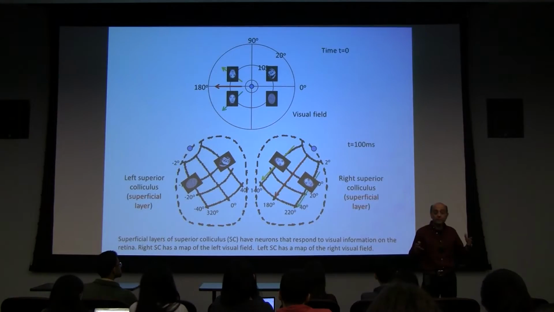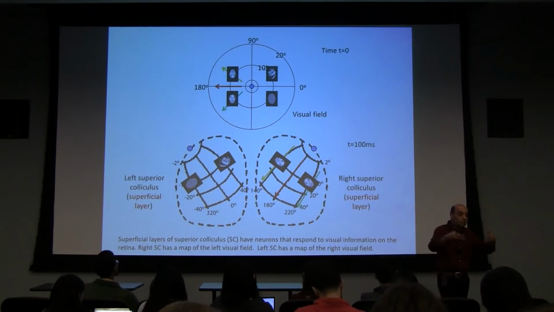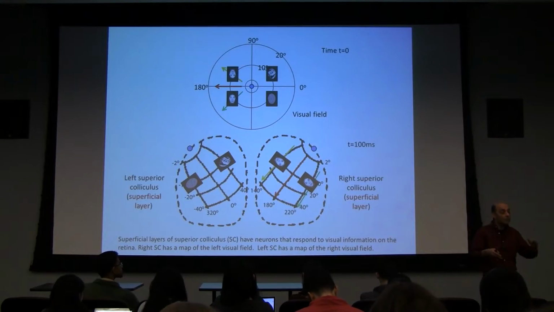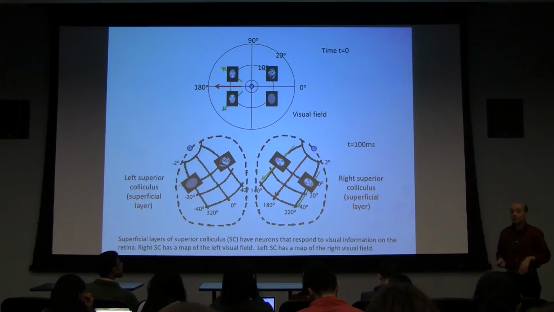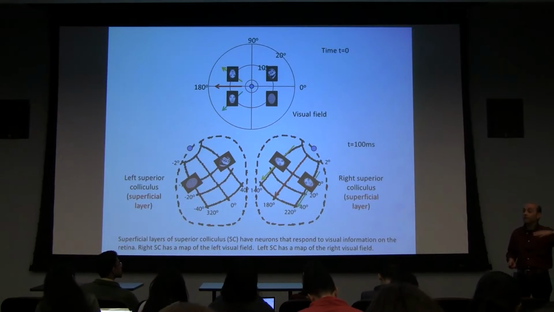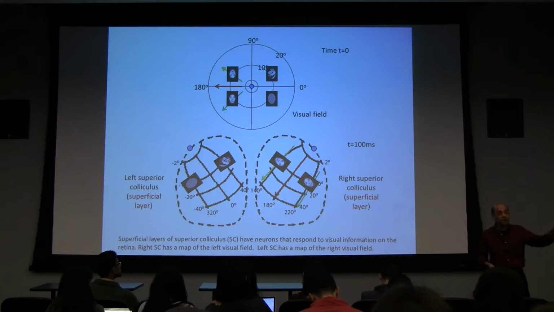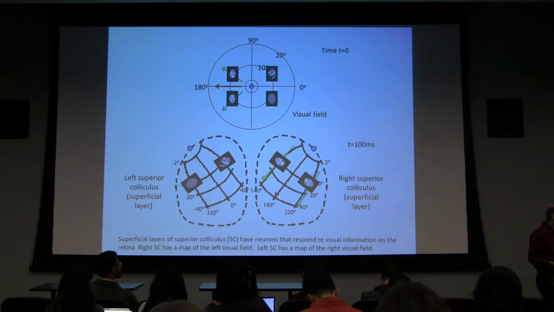So why is it that you don't make movements to things that are just bright? Because your cortex is controlling the colliculus. On the superficial layer, you're going to get activity that looks like the retina. But to make a movement, that activity has to get to the deeper layers of the colliculus. And there's a whole lot of inhibition going on saying, don't move. I want you to pay attention to this thing.